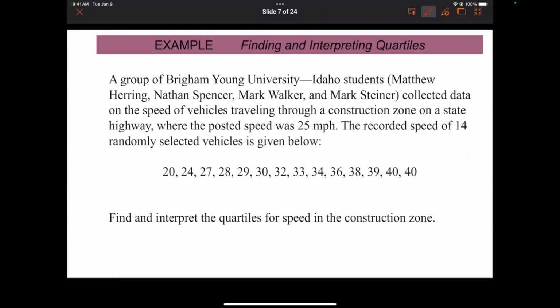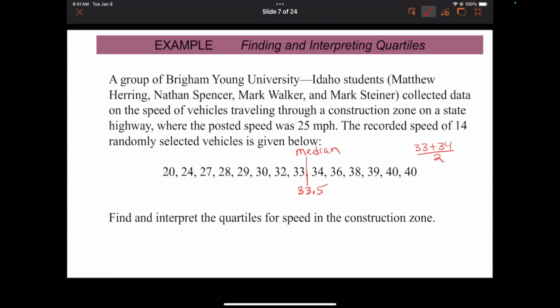So we're first going to find the median. Remember, the median is smack dab in the middle, and these are 14 vehicles. So it's going to be in between 7 and 8. So 1, 2, 3, 4, 5, 6, 7, 8. So it's going to be right here. If you couldn't tell by looking, you would just do 33 plus 34 divided by 2, and that would give you 33.5. So this is the median.